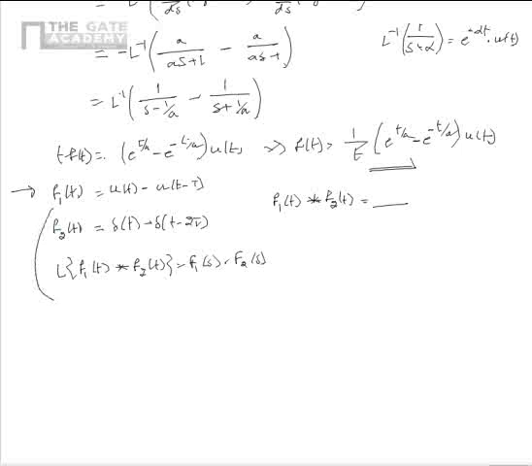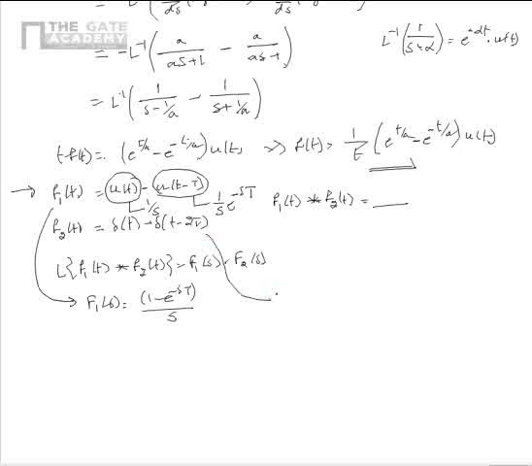As f1(t) is equal to u(t) minus u(t minus T), F1(s) is equal to (1 minus e^(-sT))/s. This is because the Laplace transform of u(t) is 1/s, and the Laplace transform of u(t minus T) is 1/s multiplied by e^(-sT).